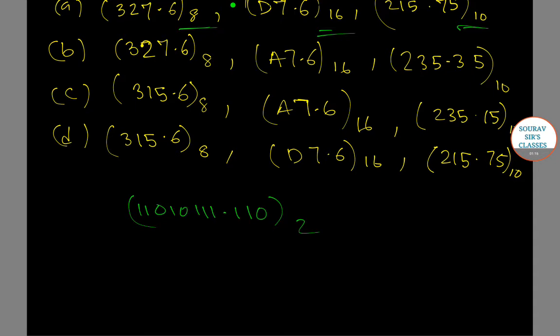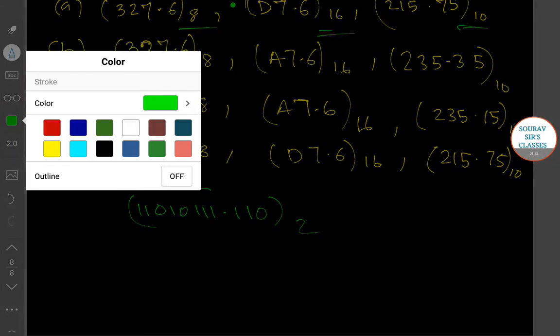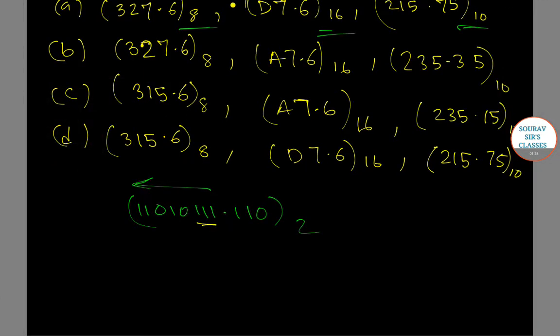We make groups of 3 on the left-hand side, and this will be a group, this will be another group, and this will be another group. In order to make it a group of 3, we will add a 0 in front, and for the digits after the decimal point, again we will make a group of 3.